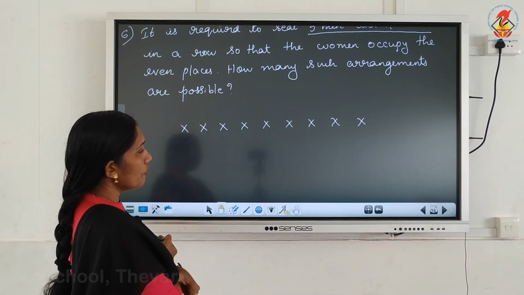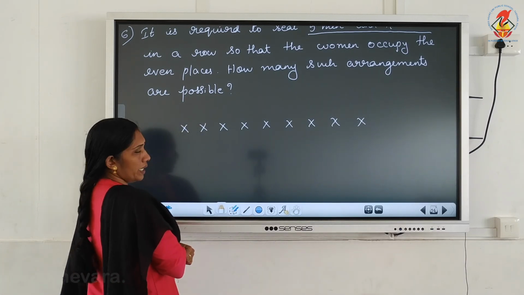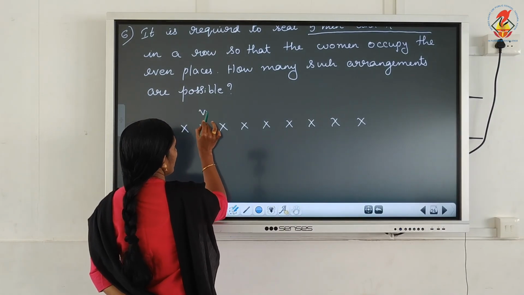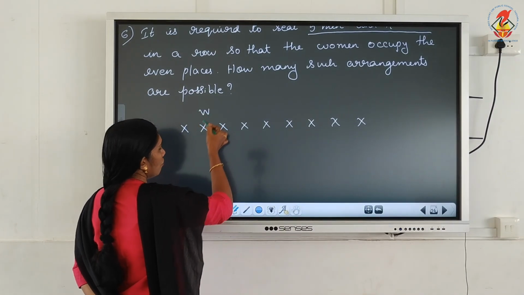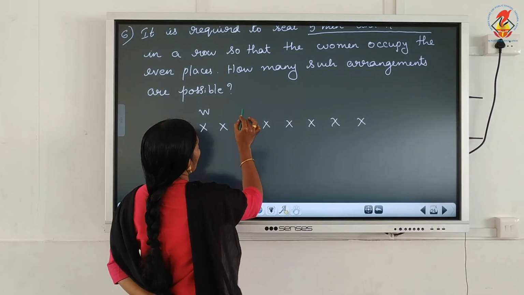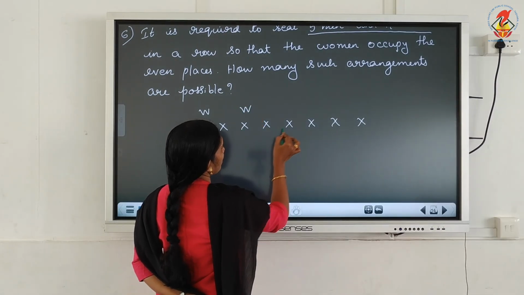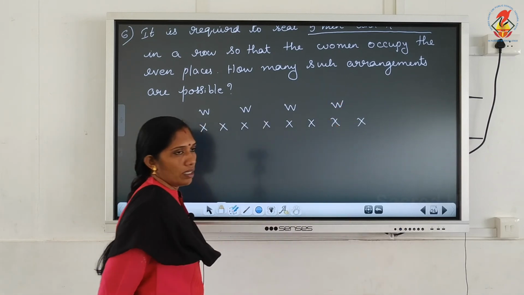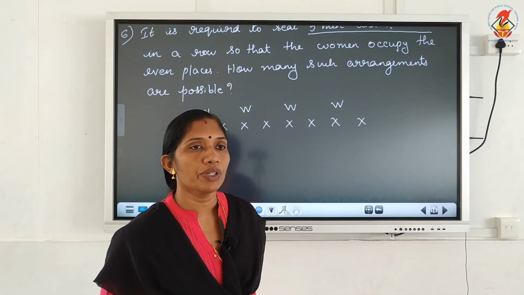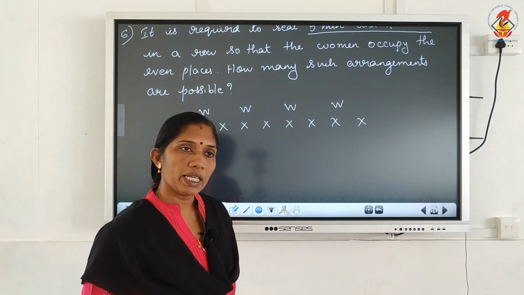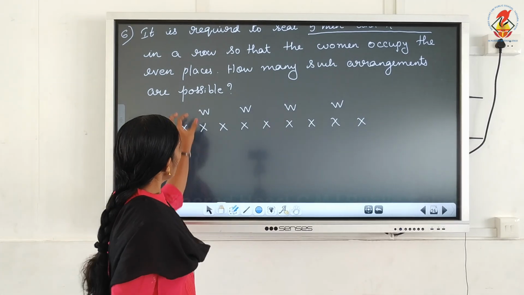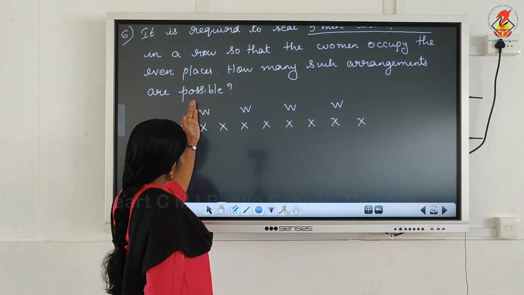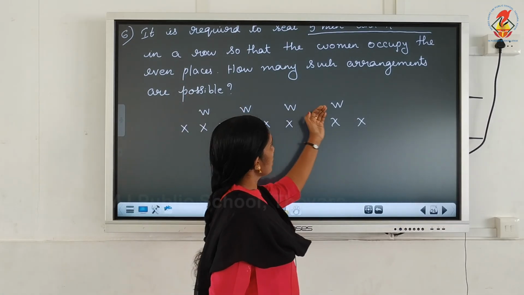So there are 4 women, they occupy in the even places. So this is second place, an even place. So one woman can sit there. Then 4th place, then 6th place and 8th place. So 4 women and 4 even places. So here 1 woman can sit either in this place or this place or this place or this place.